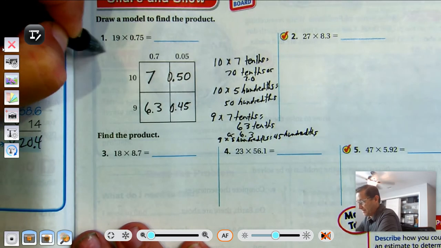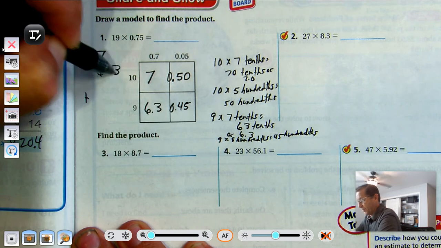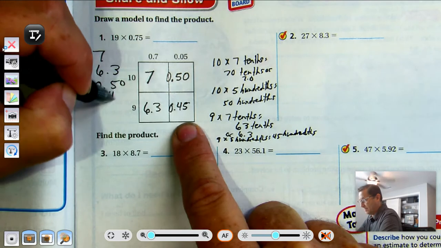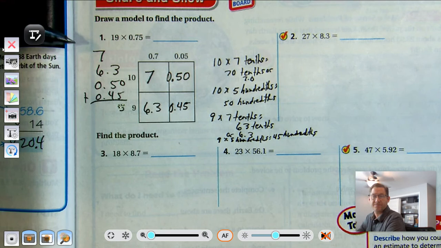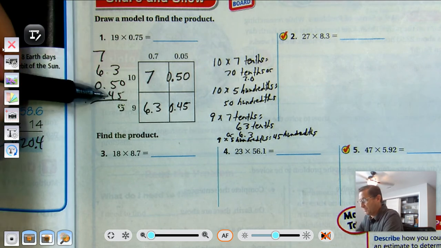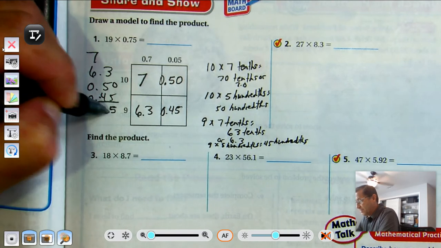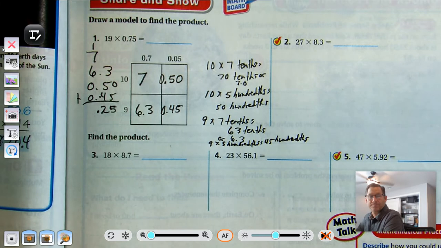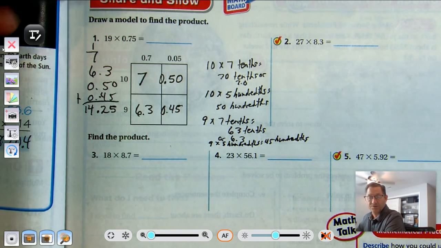So we have 7 plus 6.3 plus 50 hundredths plus 45 hundredths. 5 hundredths plus no hundredths is 5 hundredths. 5 tenths plus 4 tenths is 9 tenths, plus 3 more is 12 tenths. We'll regroup that as one whole and 2 tenths. Place our decimal point. 6 and 1 is 7, 7 and 7 is 14. So 14 and 25 hundredths.